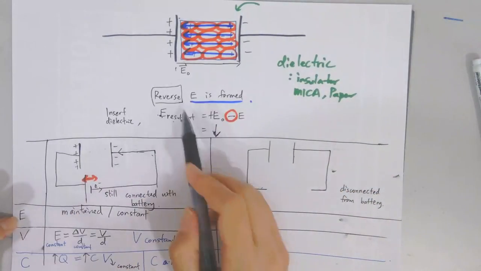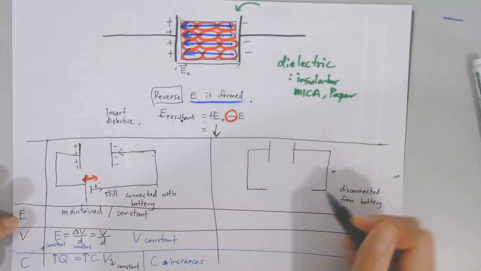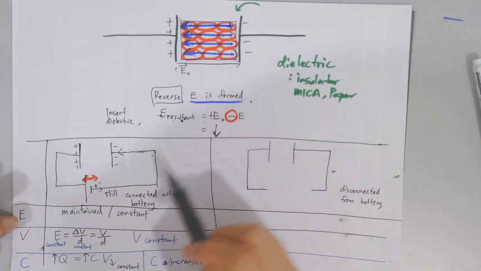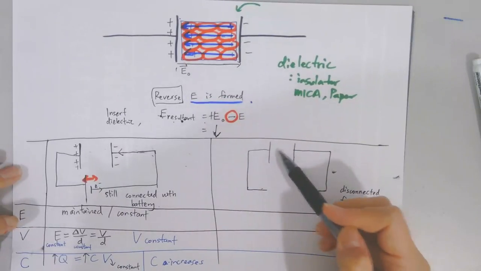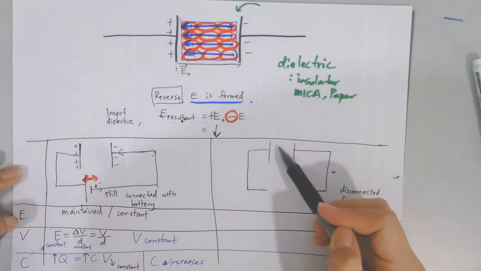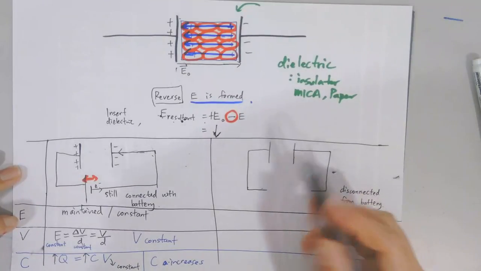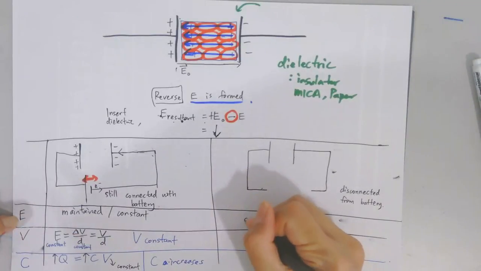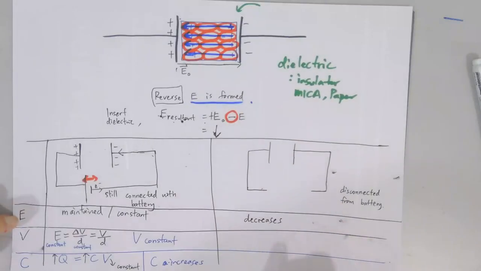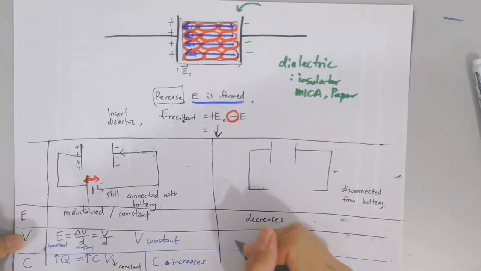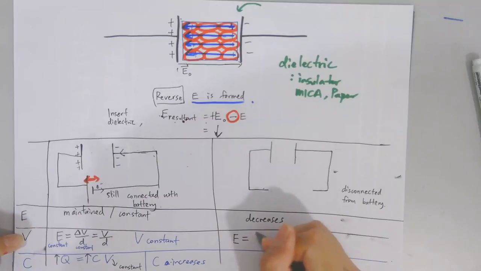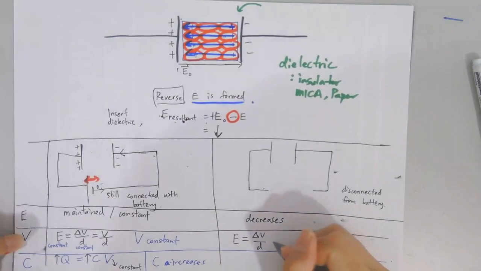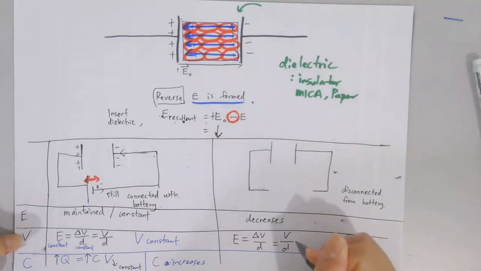So what will happen to the electric field? Kalau tak ada battery, medan elektrik dekat sini memang berkurang. So in this case the electric field decreases. And what will happen to potential difference? Kita guna equation yang sama, E equals delta V over D. Di chapter 2 kita guna simbol V saja, maksudnya potential difference.